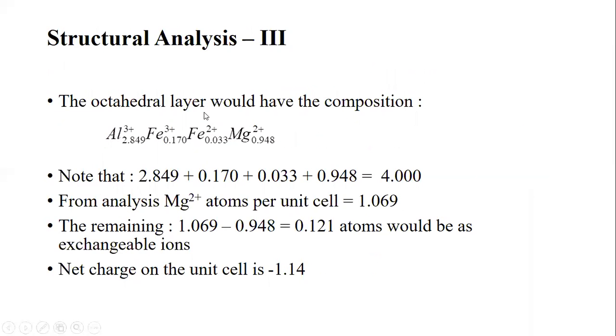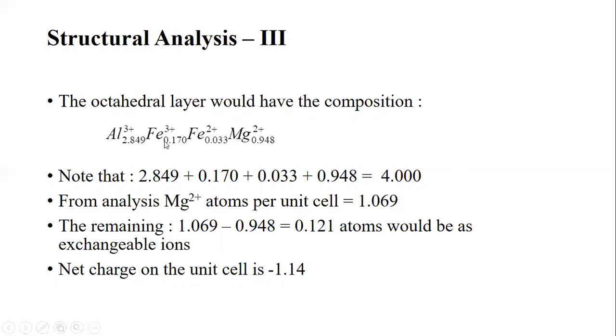The octahedral layer would have the composition Al 2.849. Remember, what we get is from subtracting the amount that was in the tetrahedral from the amount from the analysis, and you do the calculation. Fe3+, the ferric, calculate, you will find it as 0.170, just like we did with the silicon.